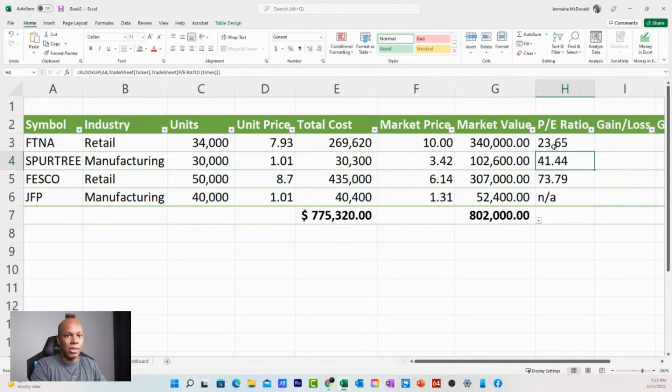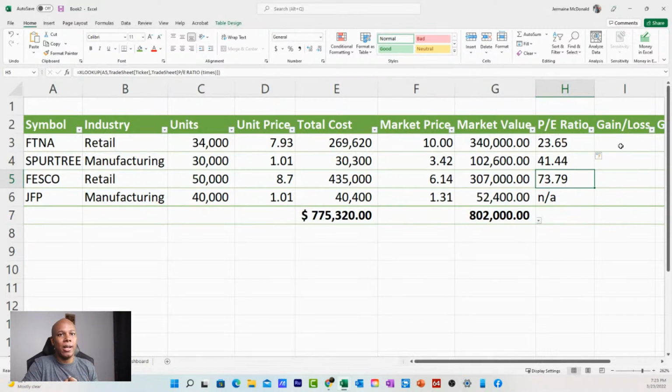And we're just going to close that out. So this is giving me the PE for the stocks that I have in my portfolio. As it changes each day, it will refresh. So again, if I see the PE for Fesco going crazy, I can maybe take a decision based on that, because I'm able to see the PE right here in the same table that I'm tracking.